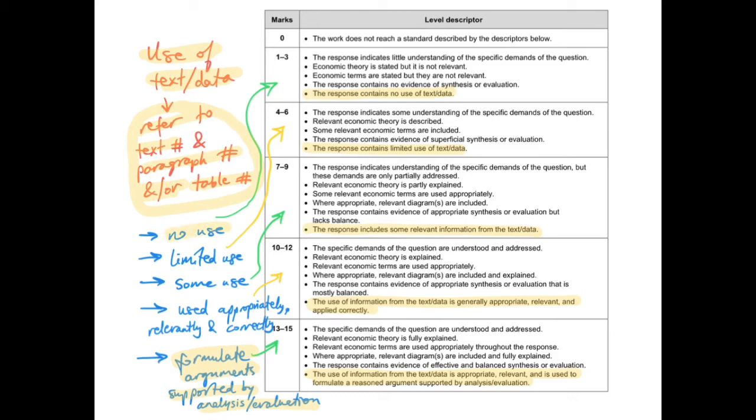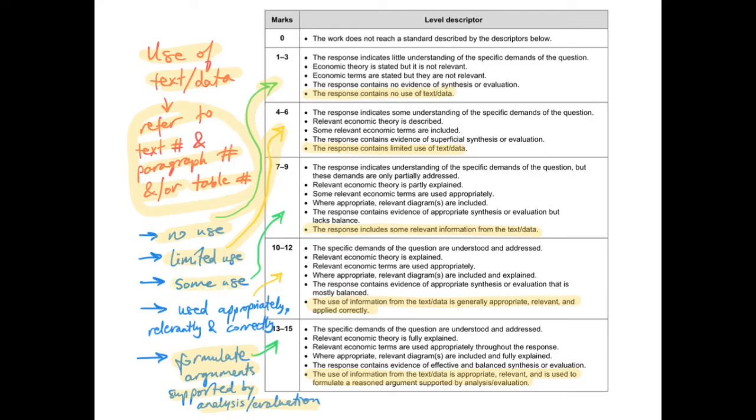If there's no use of the text or data, the highest level you can access is level 1. If you have not used the text or data at all, that's basically landing you on a level 1. Level 2 is limited use of the text or data.